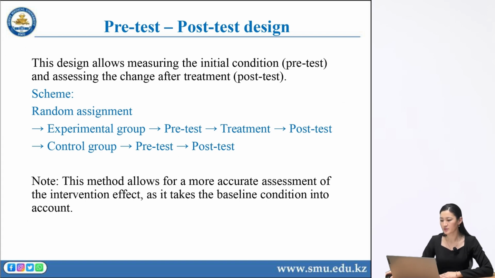The first observation is a pretest, which shows the initial condition. Then the experimental group receives the treatment and both groups are tested again in the post-test stage. This allows researchers to compare the difference between pre- and post-test scores.